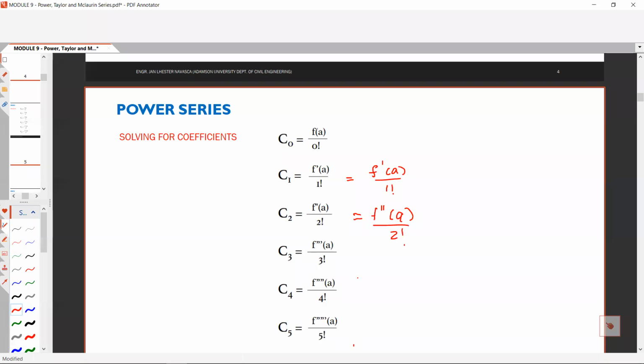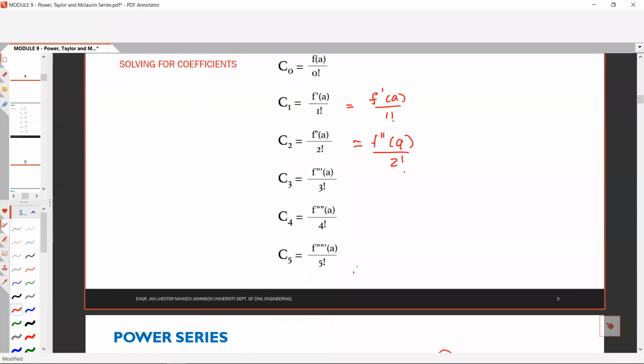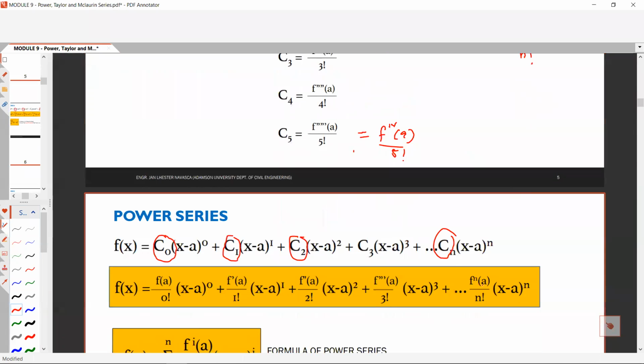Hanggang dito sa ilalim, that is the fifth derivative of a over 5 factorial. So parehas yung ito and this one. Therefore, we can write c sub n is equal to the nth derivative of f at a over n factorial. So that is why this one is f of n of a over n factorial. Okay? So nakuha ba 'yan?